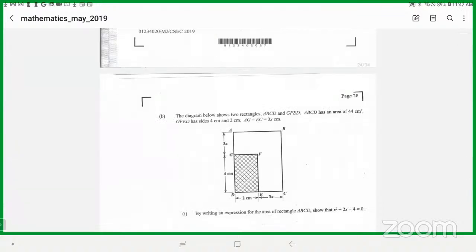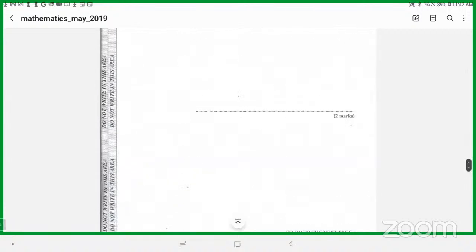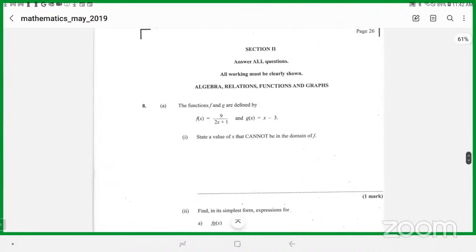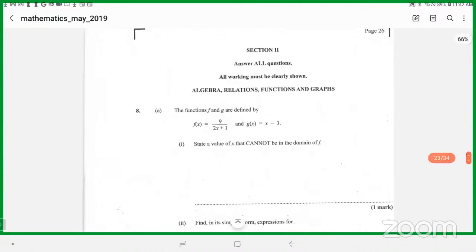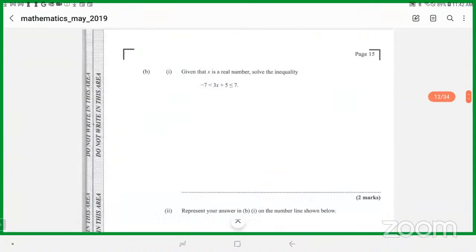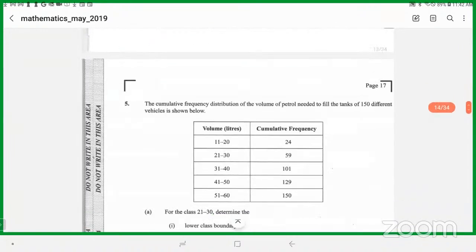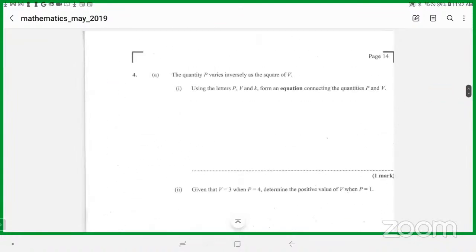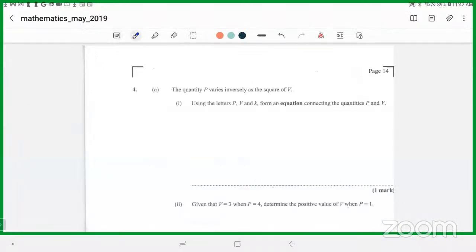It has a functions question on it too, number 8, but I think there's also a variations question up at number 4 on this paper. There you go. So this is May 2019, question 4A. And that's a variations question.